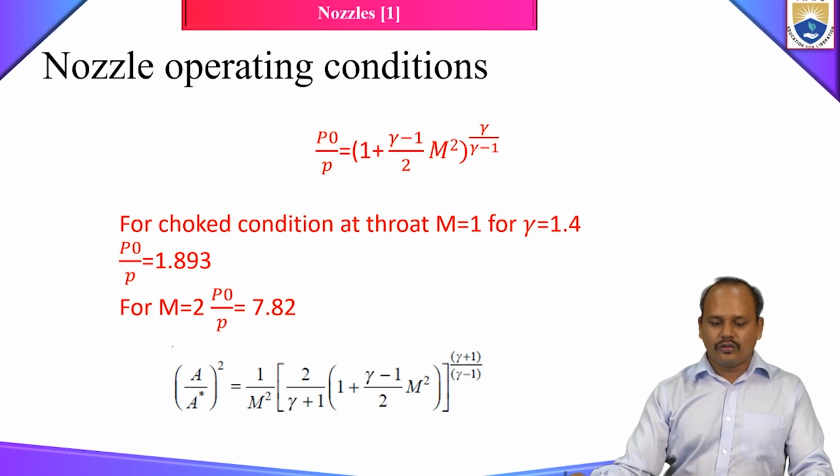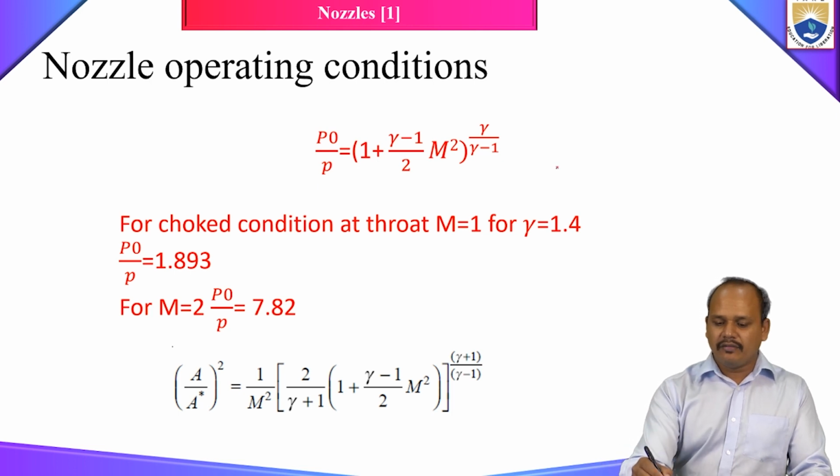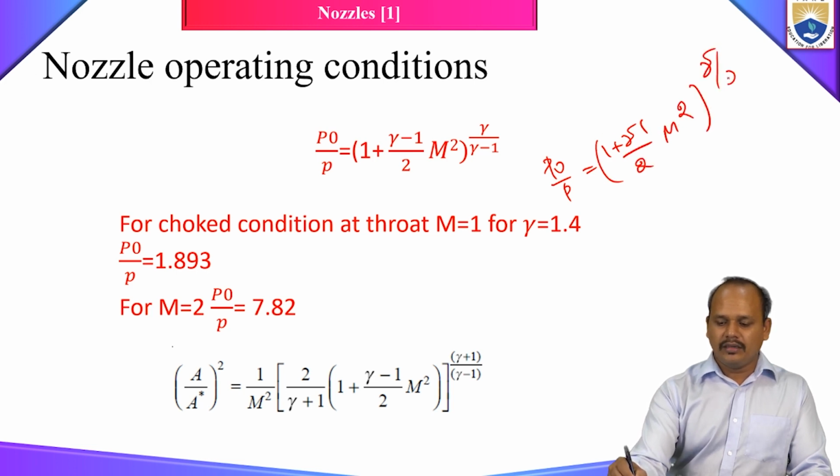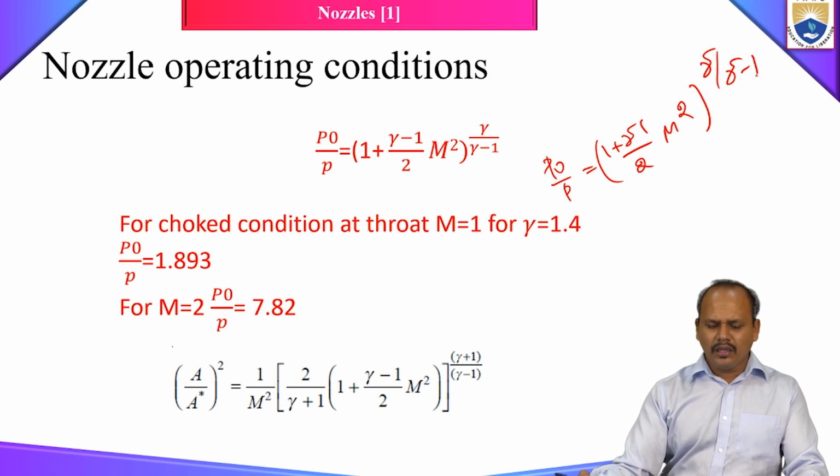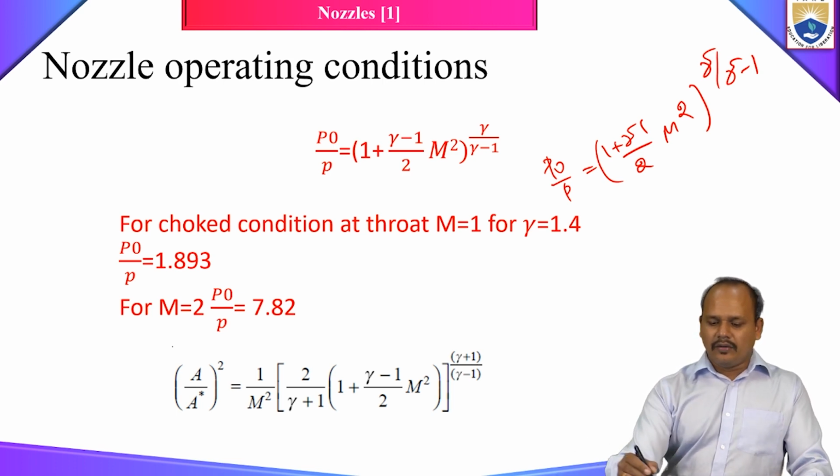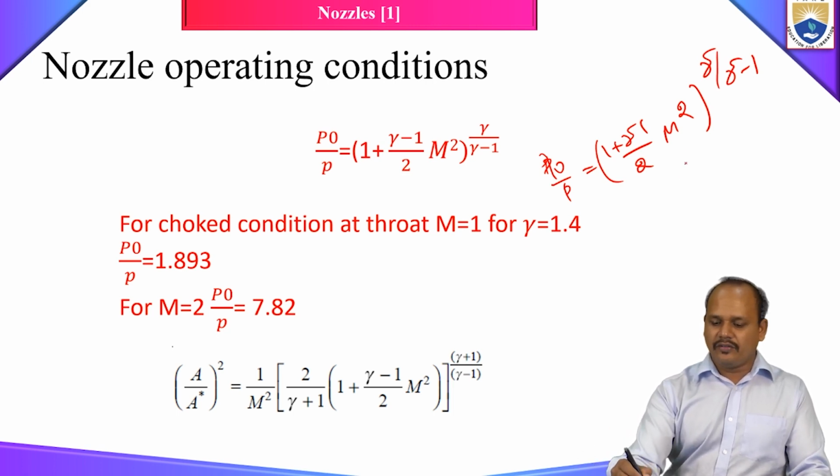We know the flow through the nozzle is being treated as isentropic. So we have the isentropic relation: P naught by P is equal to (1 plus (gamma minus 1) by 2 M squared) whole power gamma by gamma minus 1. We have already seen the choking condition. What is the meaning of choking condition?